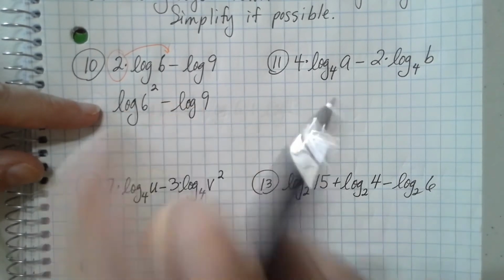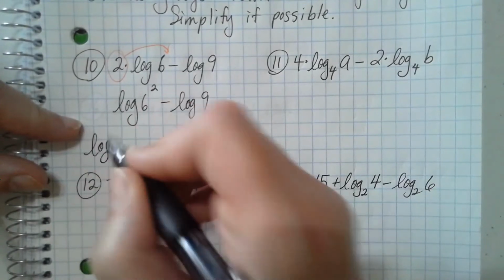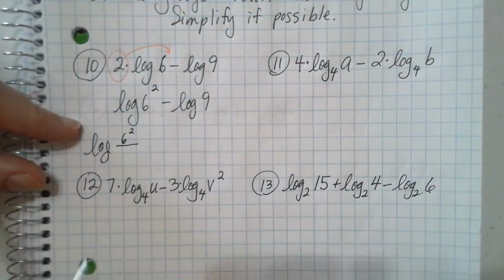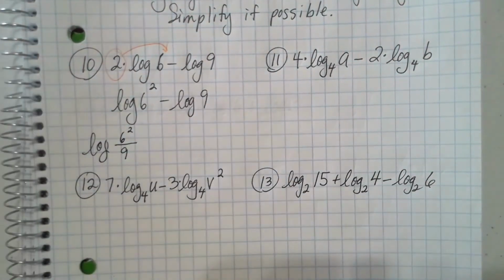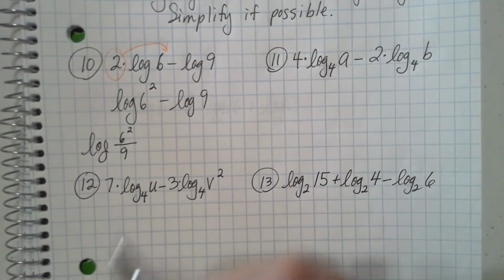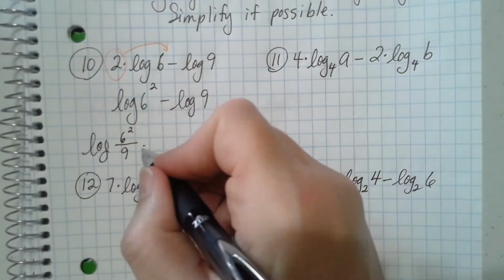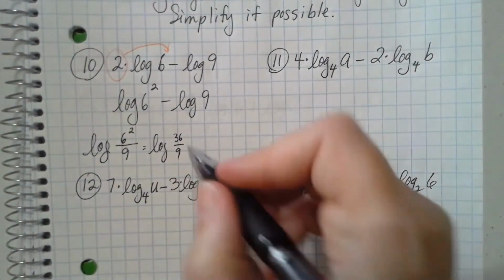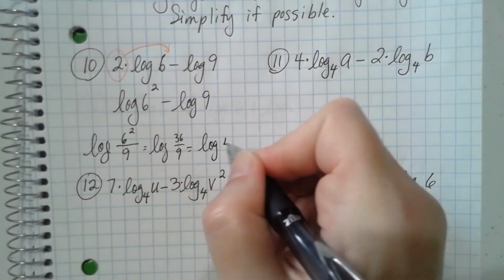When I have a subtraction sign, what are we going to do? We're going to divide. So I'm going to do 6 to the 2nd power divided by 9. What's 6 to the 2nd power? 36. So that's log of 36 over 9. 36 divided by 9 is 4.